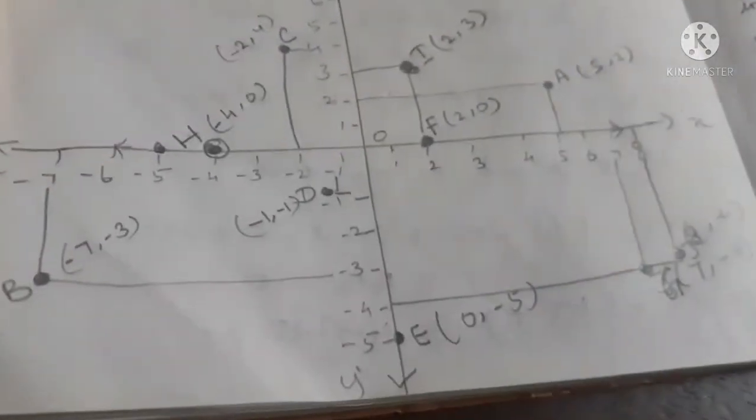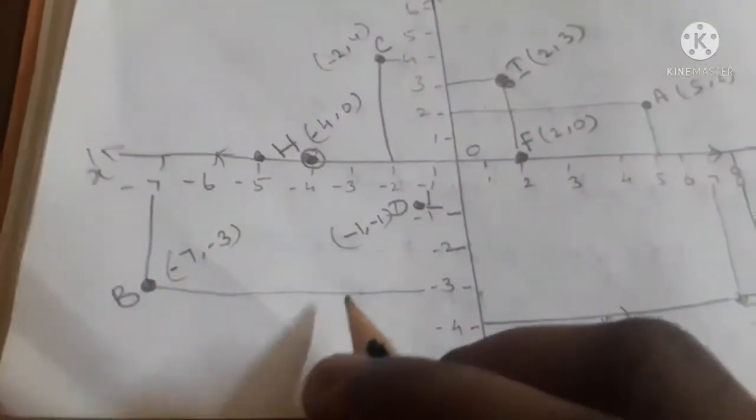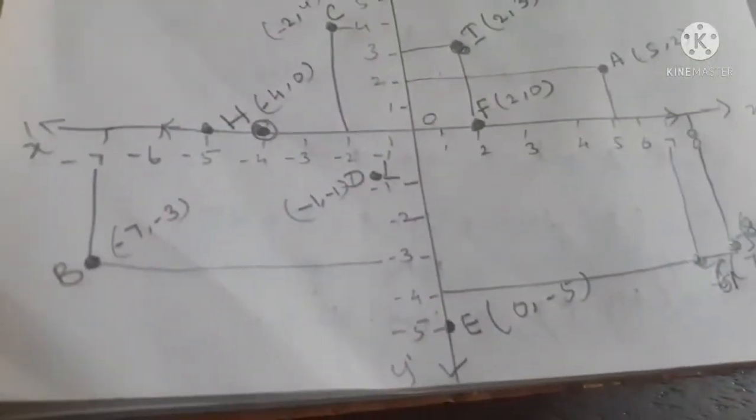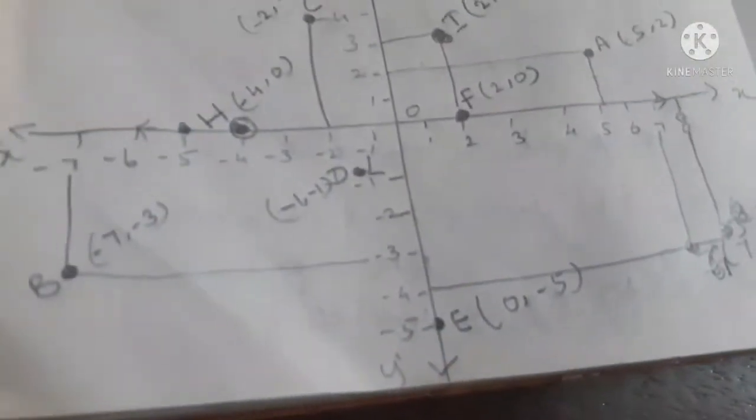Then B, minus 7 comma minus 3. Both are negative, so it will be lying in the third quadrant, right? So minus 7 and minus 3. This minus will be helpful only to find out the quadrant, but it will not be helpful in drawing this. Minus 7 and minus 3 means just take the numbers 7 and 3.